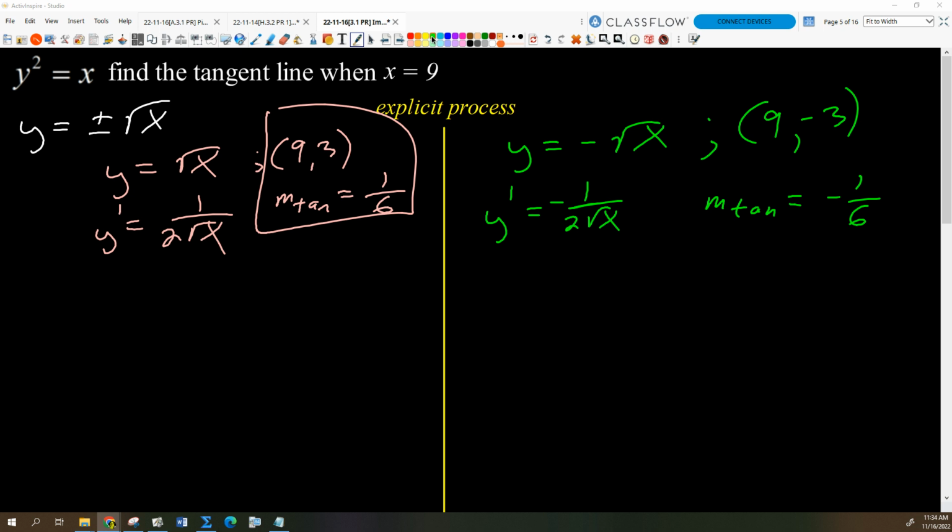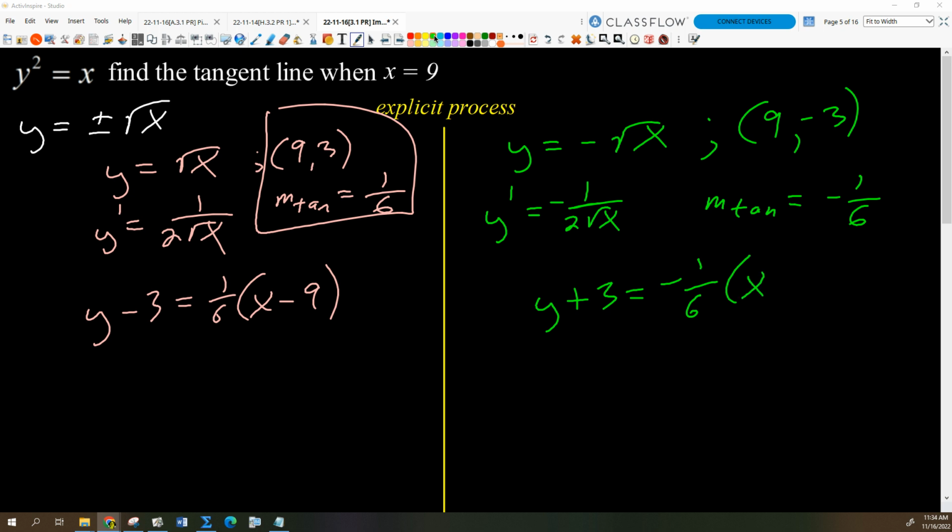And so what did we come up with for our tangent line? We got y minus 3 equals 1/6 times x minus 9 over here. And on this side, y minus negative 3, so y plus 3 equals negative 1/6 times x minus 9.